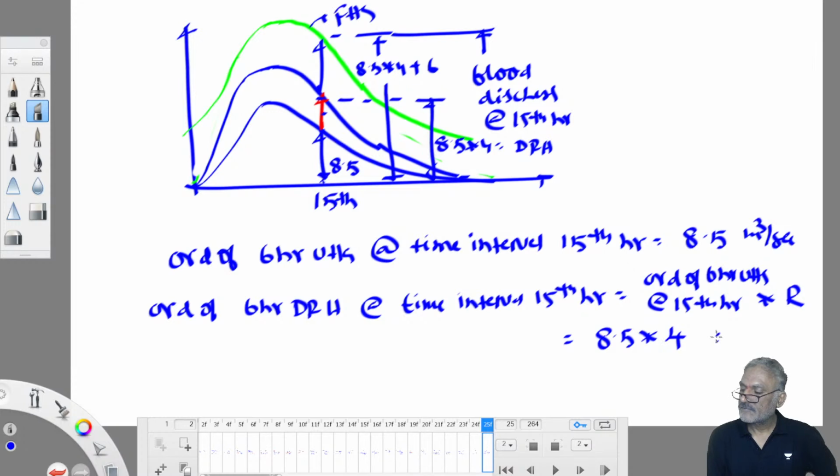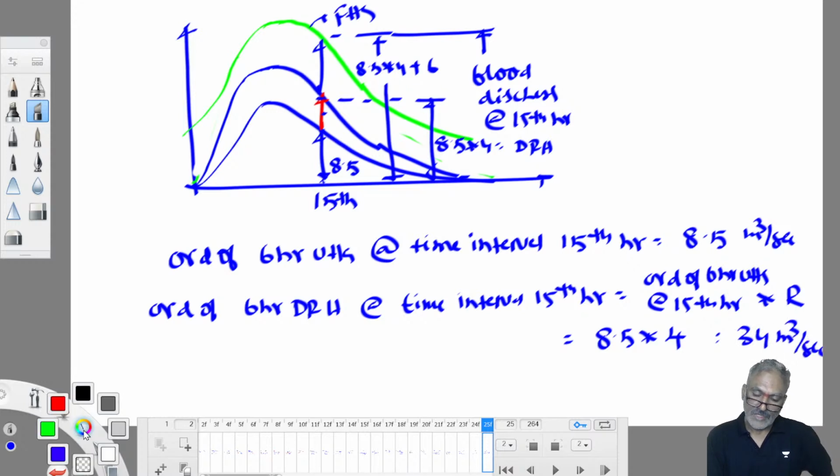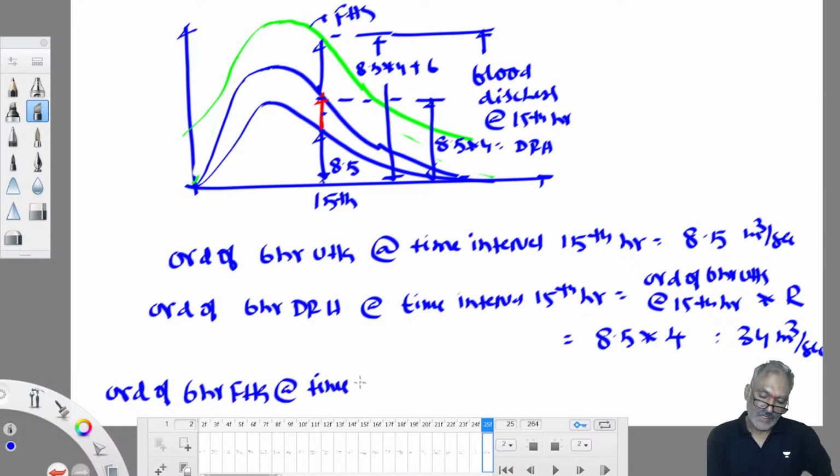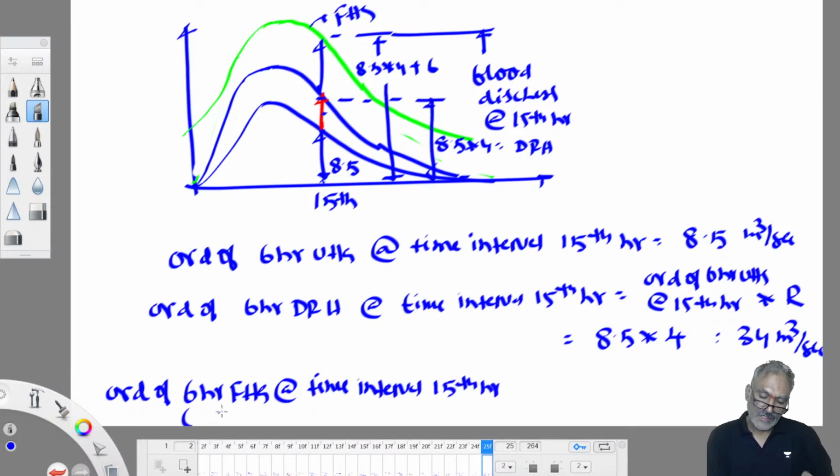It is 34. But he is not asking that. He is asking for the ordinate of the 6-hour flood hydrograph at the 15th hour, which is nothing but the stream discharge at the 15th hour. The stream is carrying flood discharge.